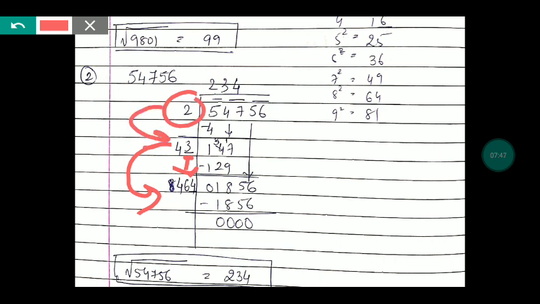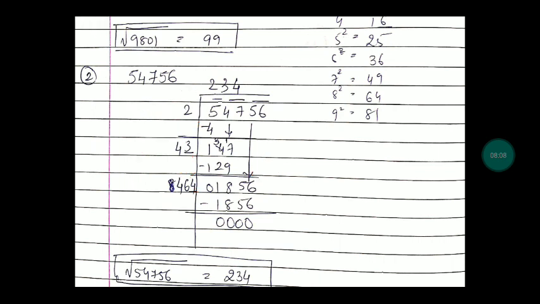Here 4 remains the same, but 3 is doubling into 6. And there will be one space for the new digit. So what is that new digit that you are going to keep so that you get the answer 1856? Here you have to bring 56, that is the last group, down. So 1856.